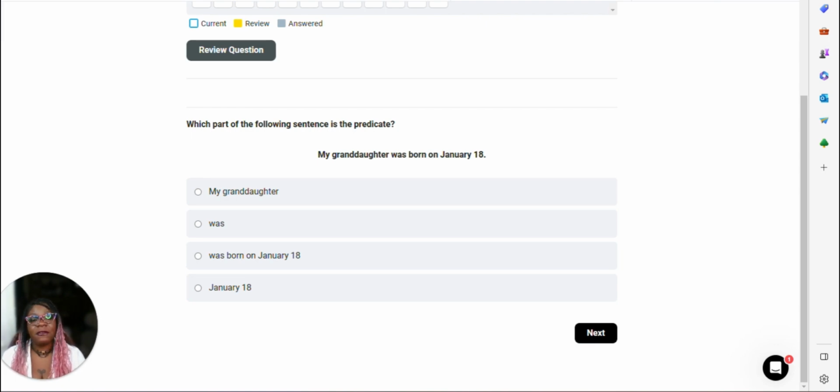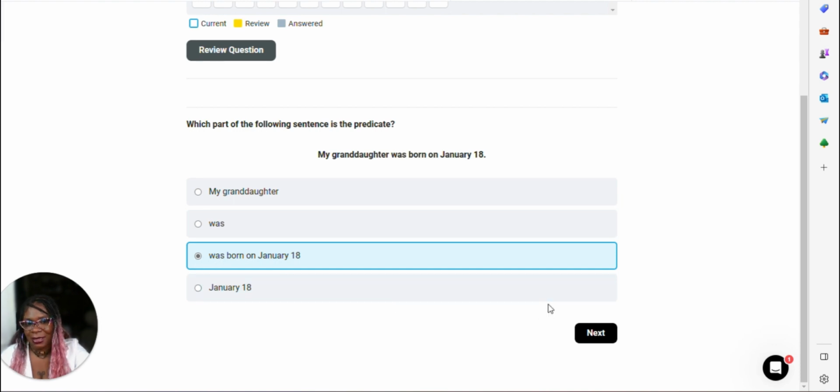Which part of the following sentence is the predicate? My granddaughter was born on January 18th. Is it "my granddaughter"? Is it "was"? Is it "was born on January 18th"? Or is it "January 18th"? I'll give you a second to think about that. But we're going to go with "was born on January 18th," right?